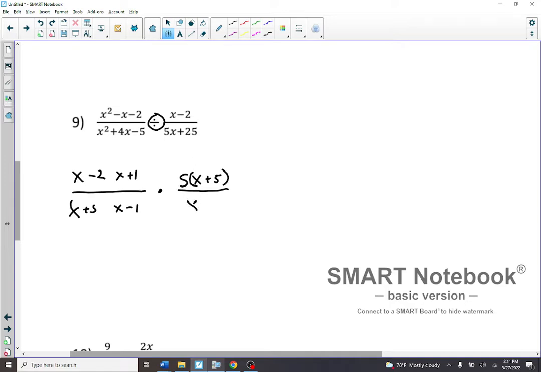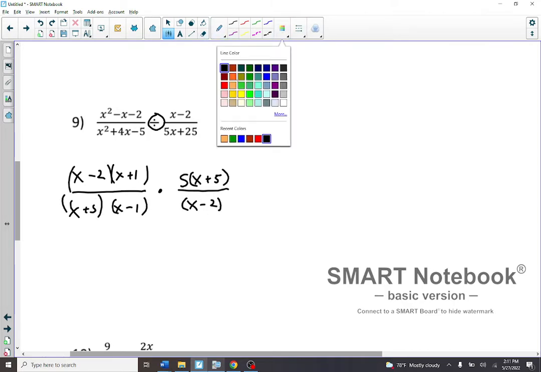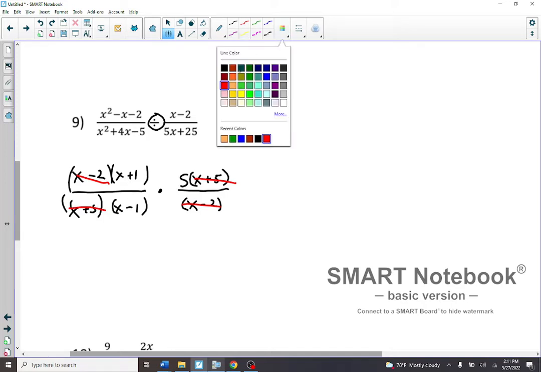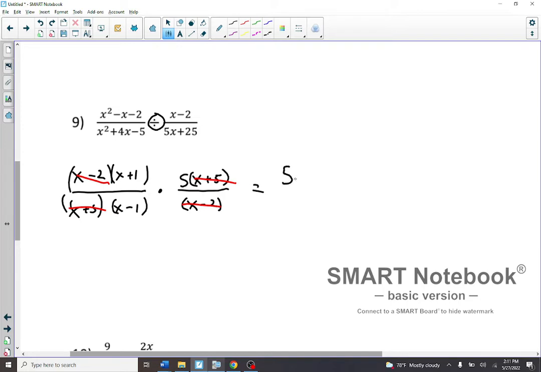On the bottom is just x minus 2. Okay, with this in mind, x minus 2 crosses out, x plus 5 crosses out, x plus 1 and x minus 1 are different things, so I cannot cross them out. So it's 5, x plus 1 over x minus 1.